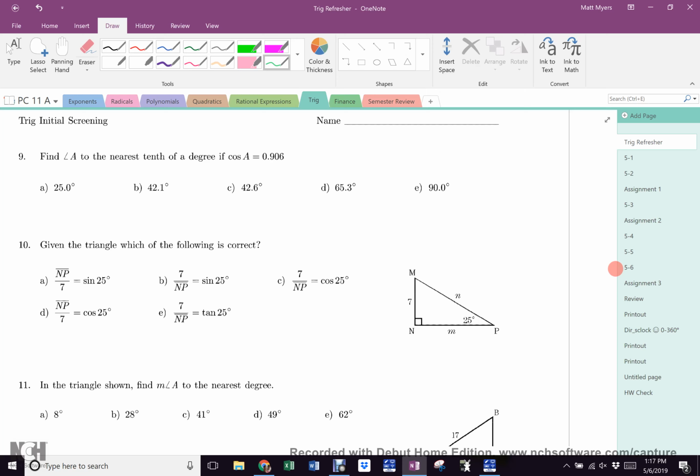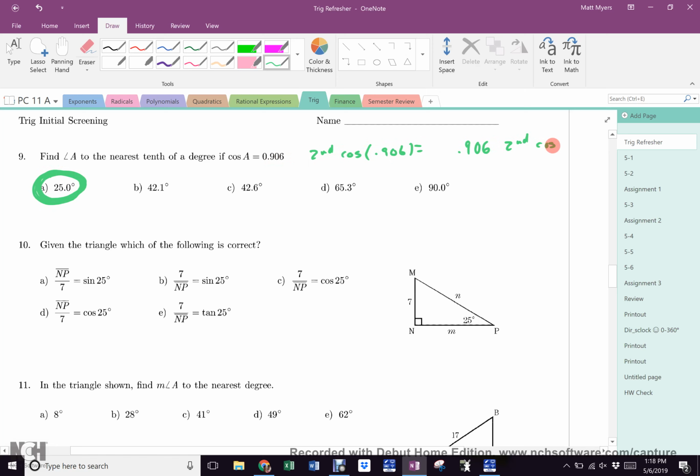If it's not A, it's not. No, it is A. Oh, yeah. I'm right. Use second cos: second cos bracket 0.906 equals. Or, if you have a backwards calculator, 0.906 second cos.